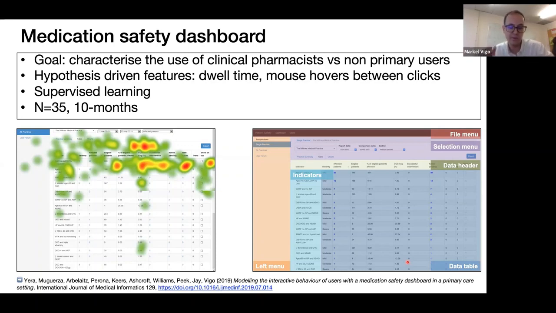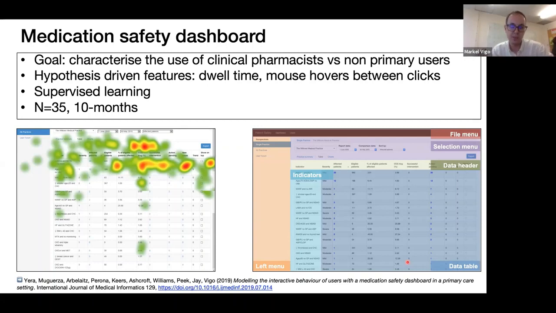And indeed, we found that primary users have a characteristic behavior of being quicker, spending less time on websites, and having a less exploratory behavior. While the secondary users, those who were not clinical pharmacists and those that the intervention didn't target, were more exploratory, slower, and used to dwell on pages that were targeting the other users.